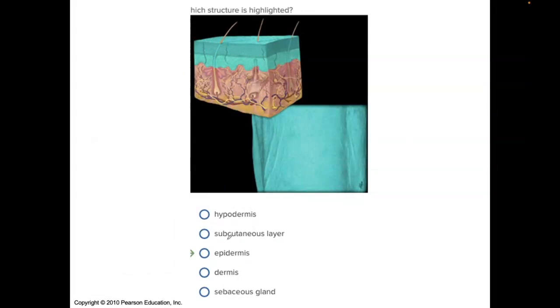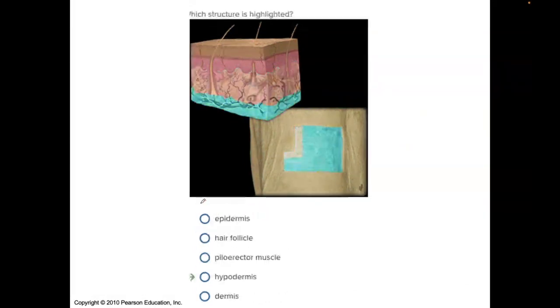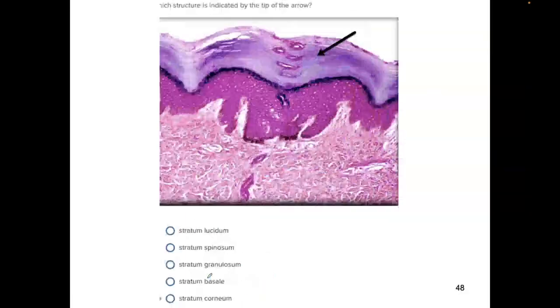What's the highlighted area, the top portion? That's the epidermis. What's the layer below that? That's going to be the dermis. And what's the layer below that? Hypodermis or subcutaneous. What's the top layer of skin?